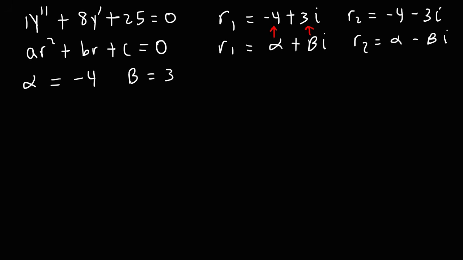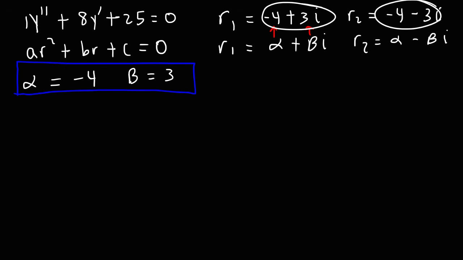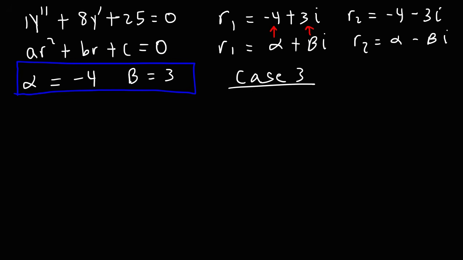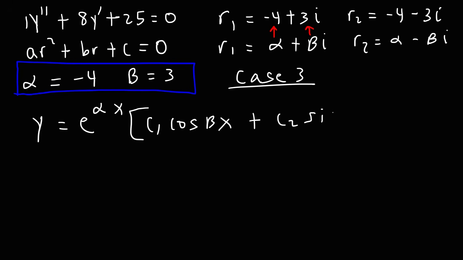Now, once we have our alpha and beta values, we can now find the general solution. By the way, the fact that we have two complex numbers or two imaginary numbers tells us that we have case number 3. So the general solution for case number 3 is this. Y is equal to e raised to the alpha times x, and then times c1 cosine beta x plus c2 sine beta x.